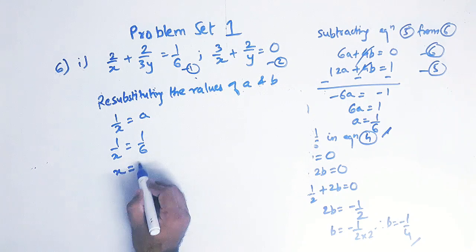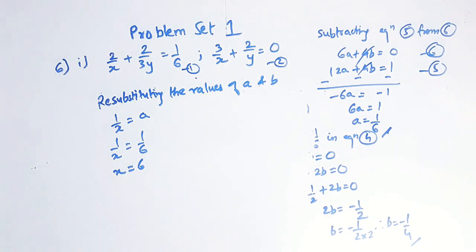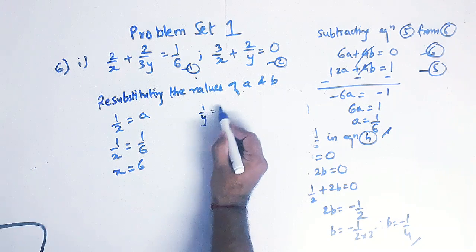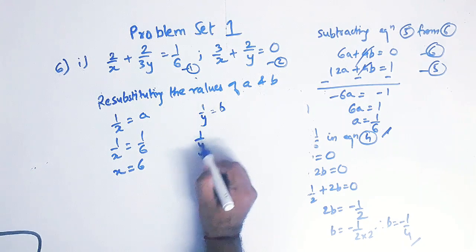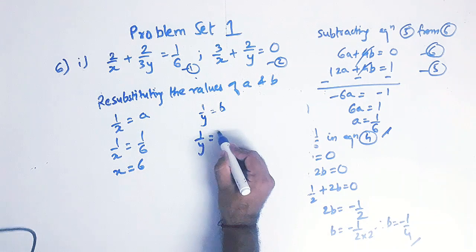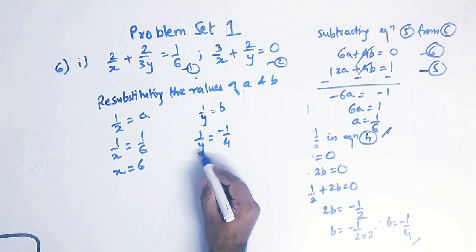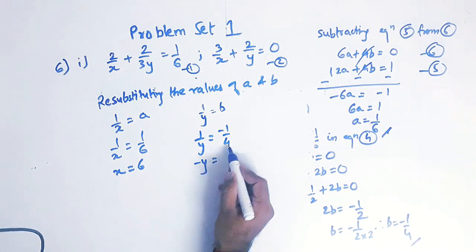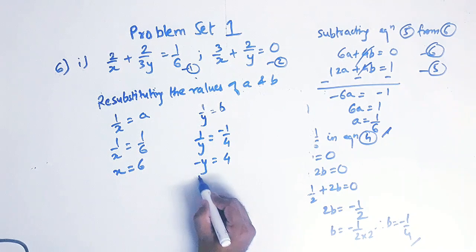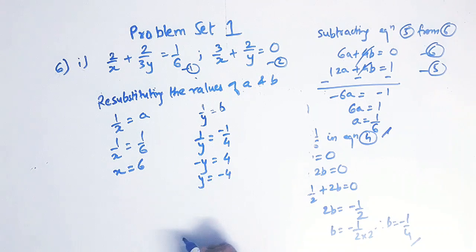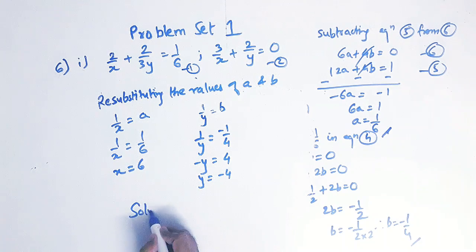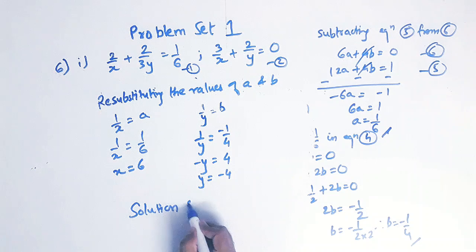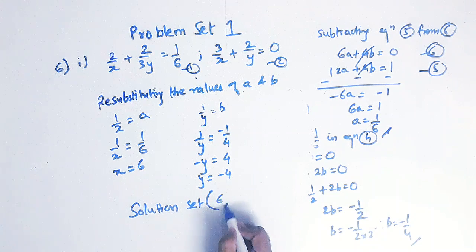Simple, cross multiply, I'll get x is equal to 6. Another thing is 1 upon y equals b, so I'll write 1 upon y equals, what is the value of b? Minus 1 by 4. So if I cross multiply, I'll get minus y equals 4, that is y equals minus 4. Simple. So we got the solution set. What is it? 6 comma minus 4. Easy.